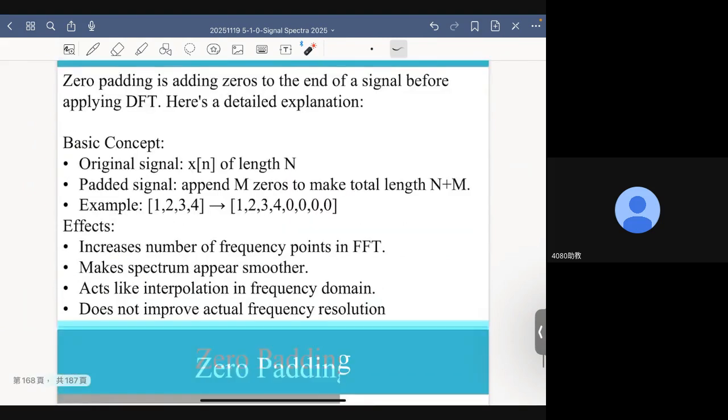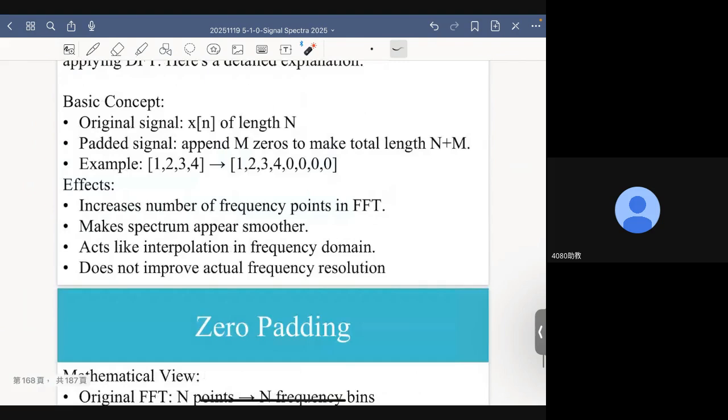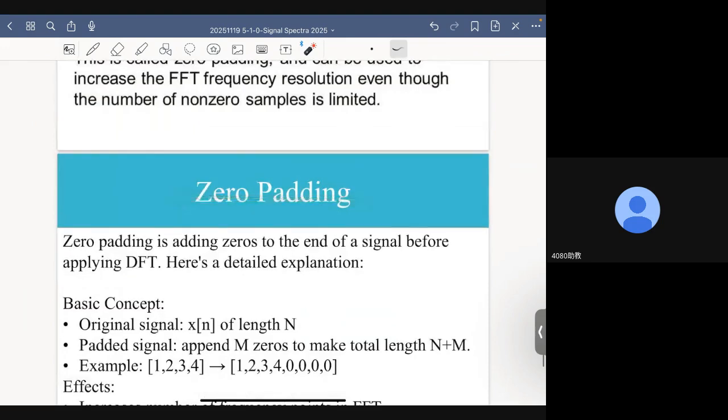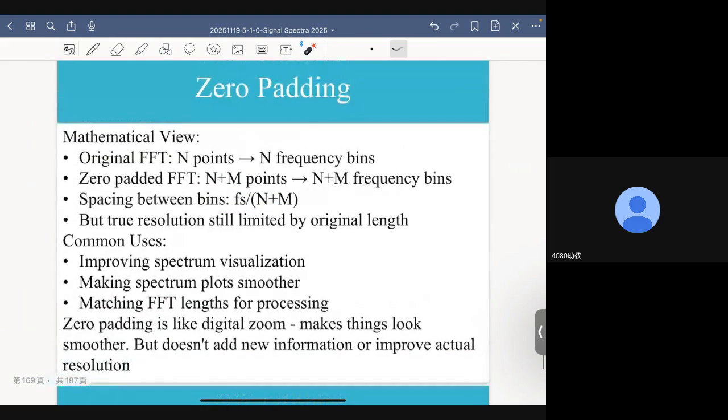Now, zero padding acts like an interpolation in the frequency domain. It does not improve actual frequency resolution. If you want to improve actual frequency resolution, you cannot do it with zero padding. You have to increase the sampling frequency.